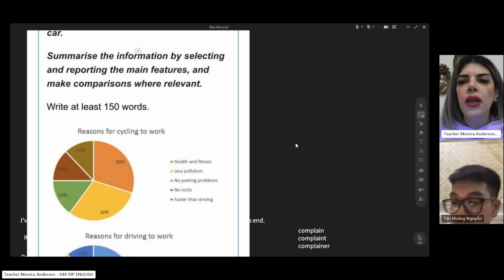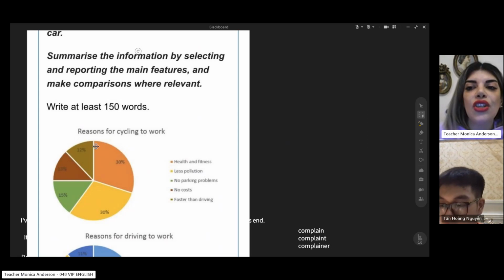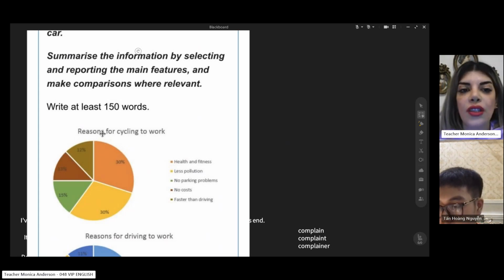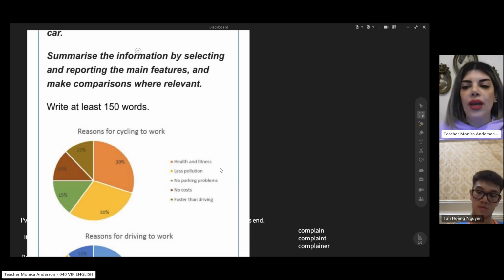We have some sections, and a pie chart shows percentages or proportions. So we need to consider them as main features. Okay, let's keep going.